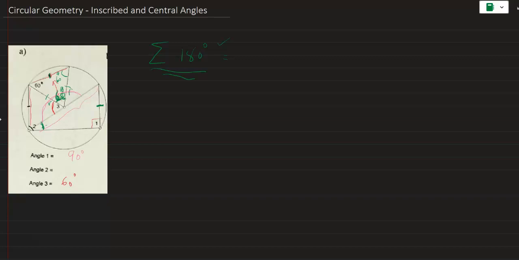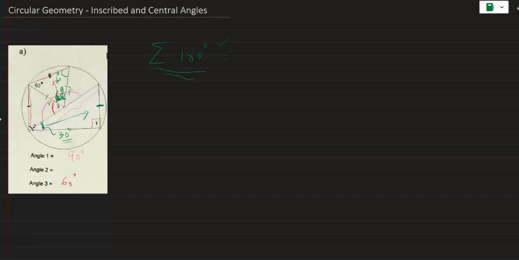Inscribed angles opposite chords that are equal to the central angle measure half the central angle. That means part of angle 2, not quite angle 2, but part of it, is 30 degrees. Okay, that's part of it.